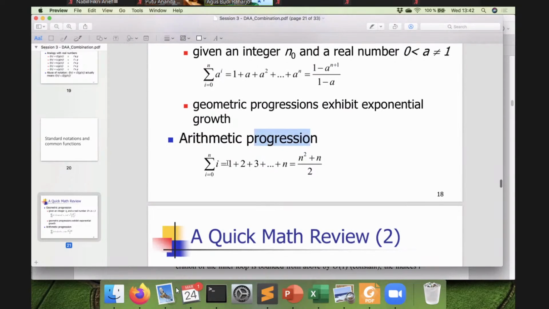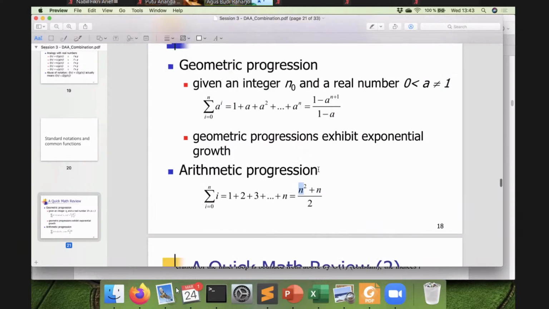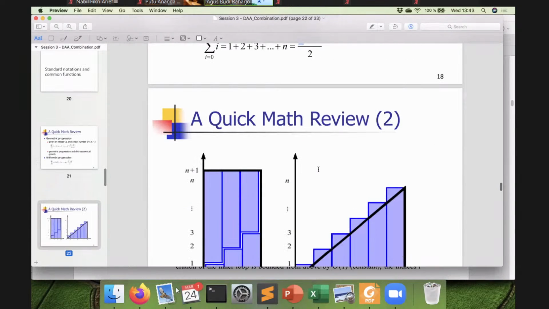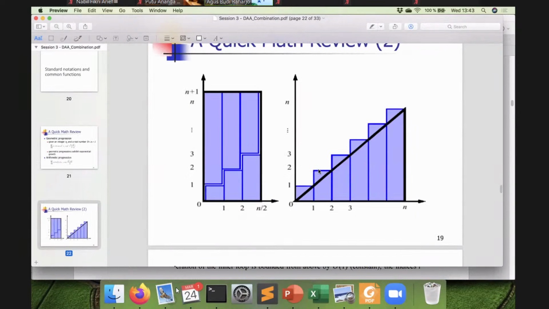You see over here, 1, 2, 3, etc. If we want to compute the total value of this one, it will be n squared plus n divided by 2. This is like the common equation. And this is the representation.